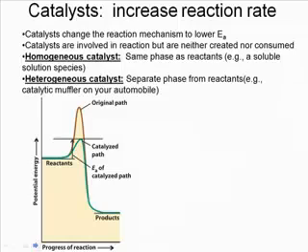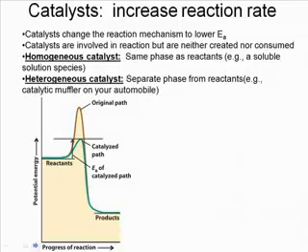When I lower the activation energy, I increase the number of collisions that are capable of producing a reaction. Remember our temperature profile. I'm just moving that activation energy down, which means I'm going to have a greater area under that curve, which means more particles colliding to produce successful reactions.